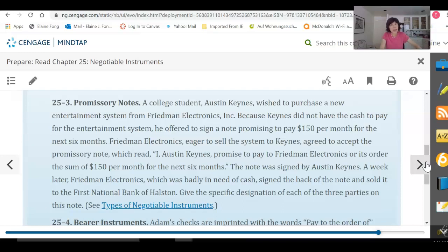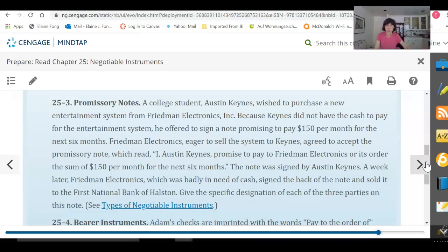Because Keynes doesn't have cash to pay, he is going to sign a note where he promises to pay $150 a month for the next 6 months. Friedman wants to sell the system to Keynes, and so they agree to take the promissory note. Here's what the note says. It says, I, Austin Keynes, promise to pay to Friedman Electronics or its order a sum of $150 per month for the next 6 months. Right? Austin Keynes signs it.